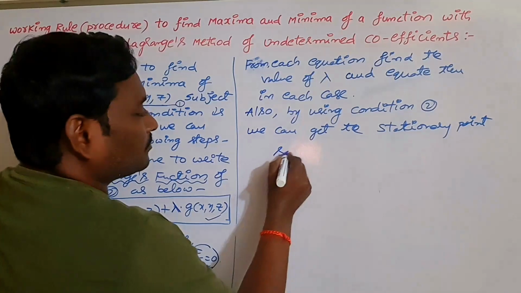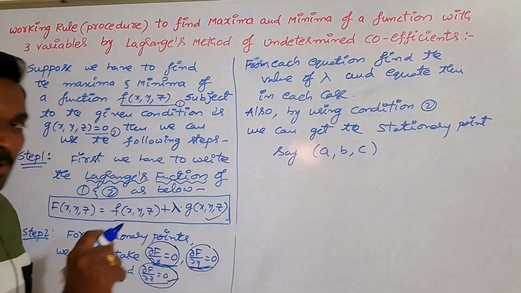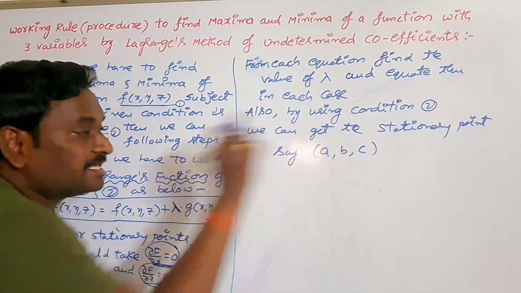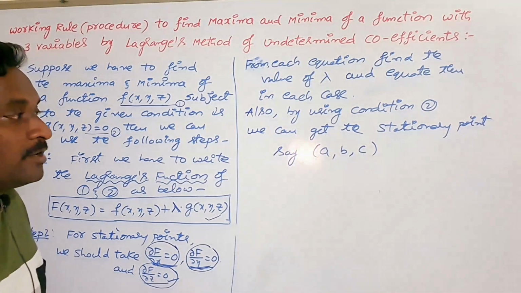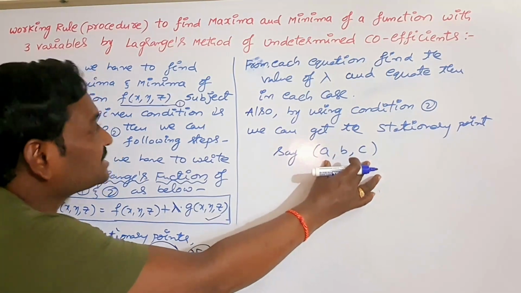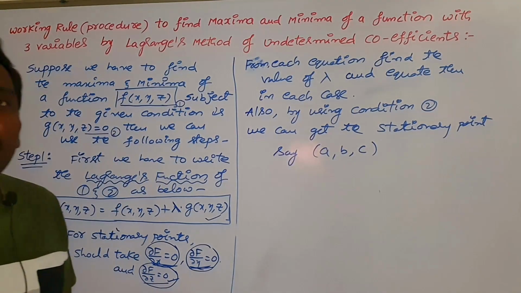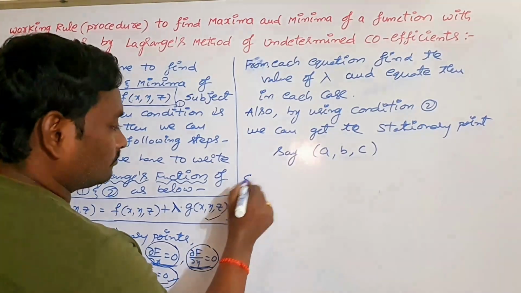So I will say that stationary point as A, B, C. It means that small x is A, y is B, z is C. After getting A, B, C as stationary point, you can substitute this stationary point in the given function. So you will get the maximum, otherwise minimum of that function. Okay, that is the final step.